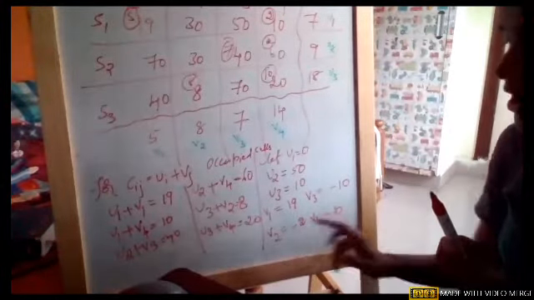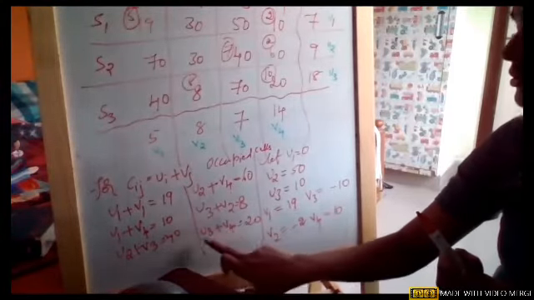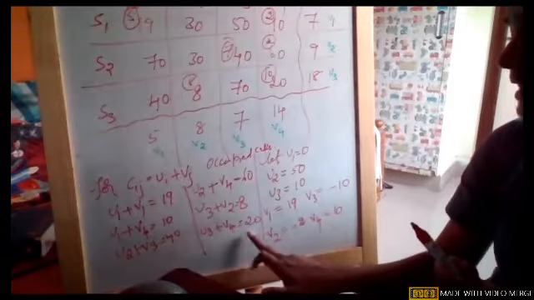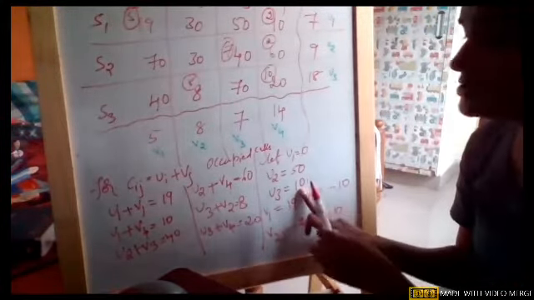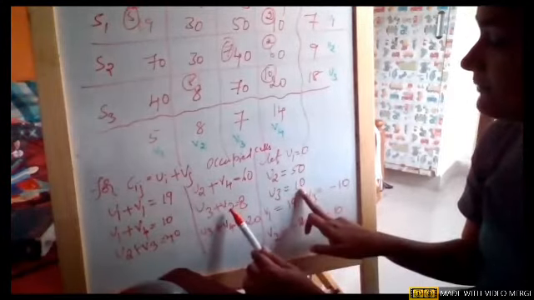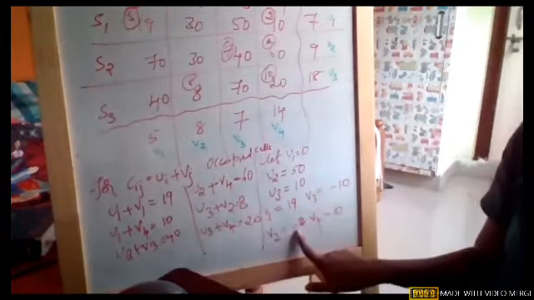Because V4 is 10, U3 is equal to 20 minus 10, which is 10. Because U3 is 10, V2 we can find out. So V2 is equal to 8 minus 10, which is minus 2.